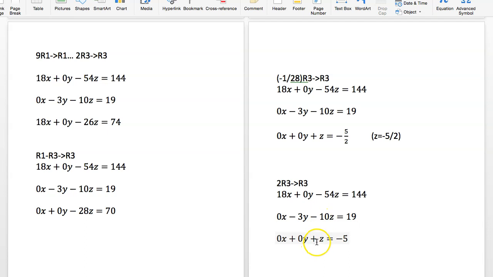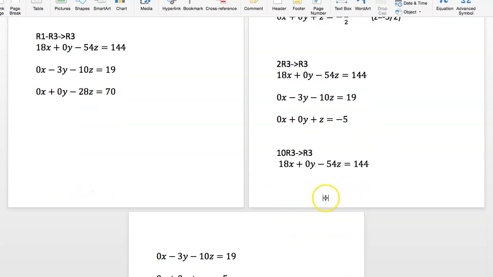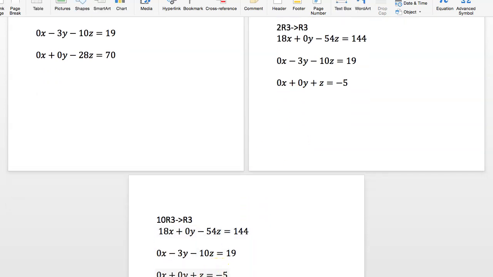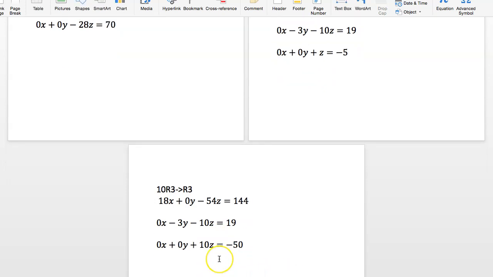Well, actually, I'd like positive 10Z. That'd be polar opposite. So now if I do 10 times that row 3 and put it into row 3, what will I have? I'll have 10Z, -50. Holy wow.